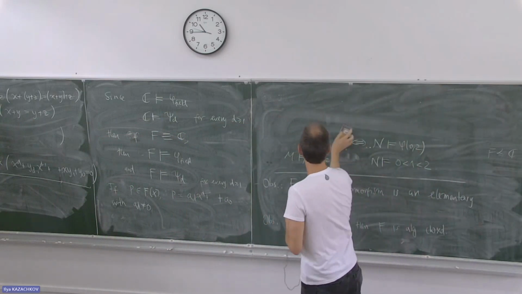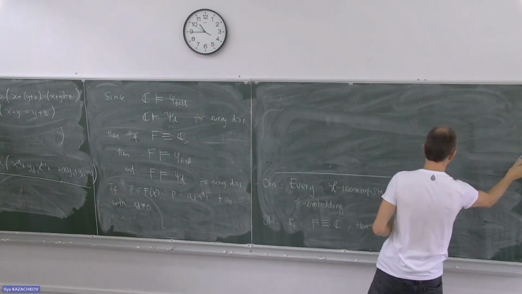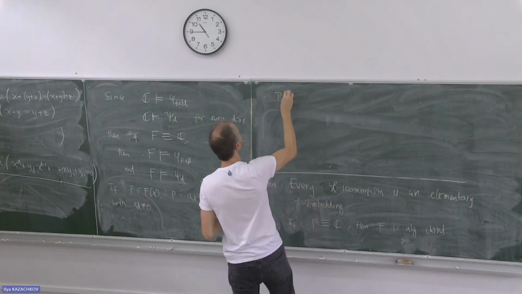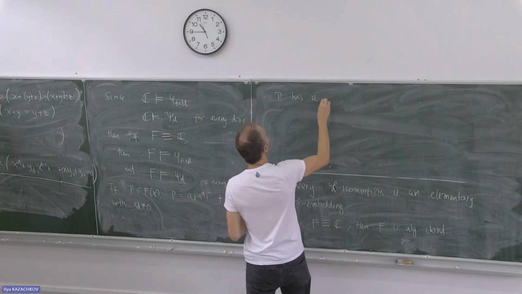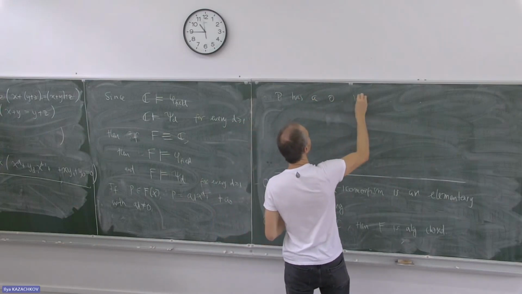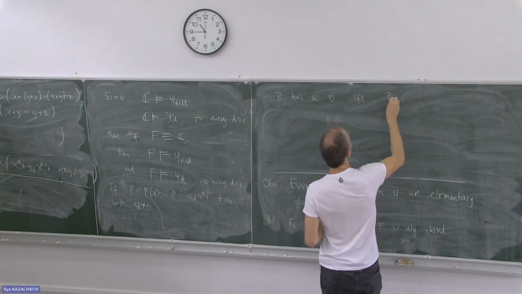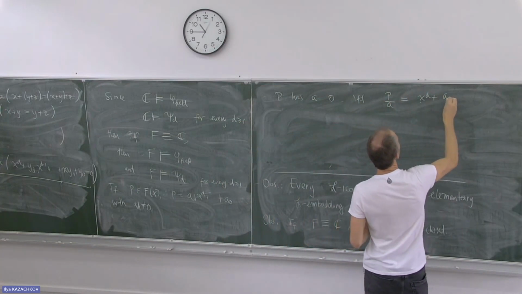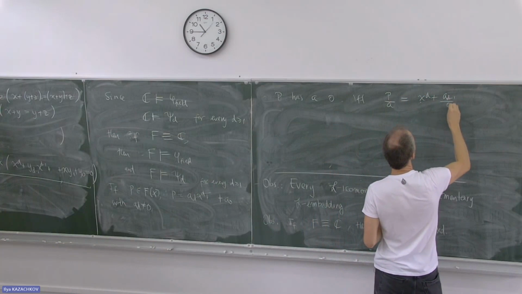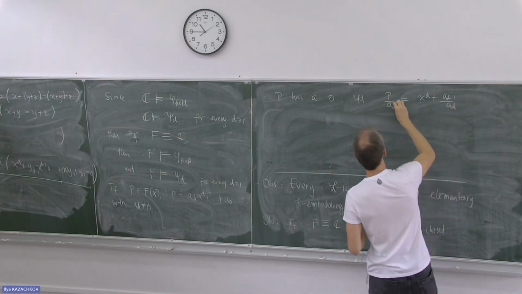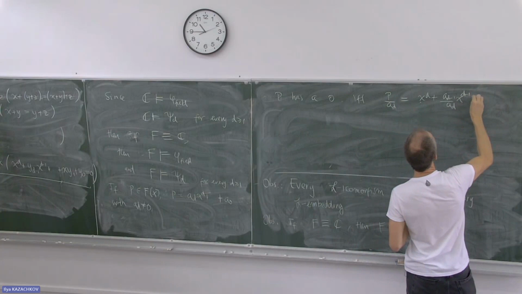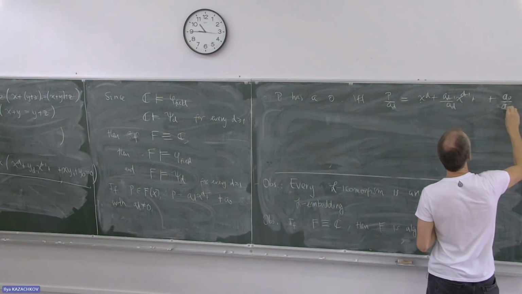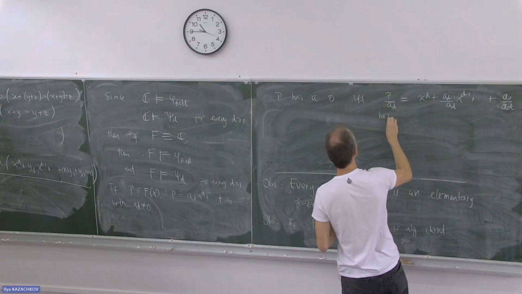So I need to show that this polynomial has a 0 in F, but this is already taken care of by my formula psi d, right? P has a 0 if and only if this polynomial P divided by a_d, which is just x^d plus a_{d-1} divided by a_d times x^{d-1}, and so on up to, has a 0, right?